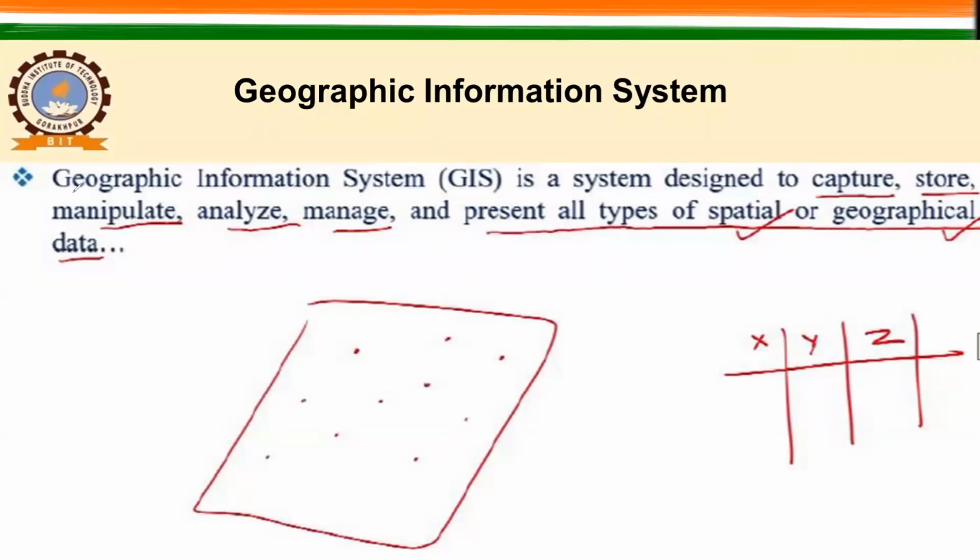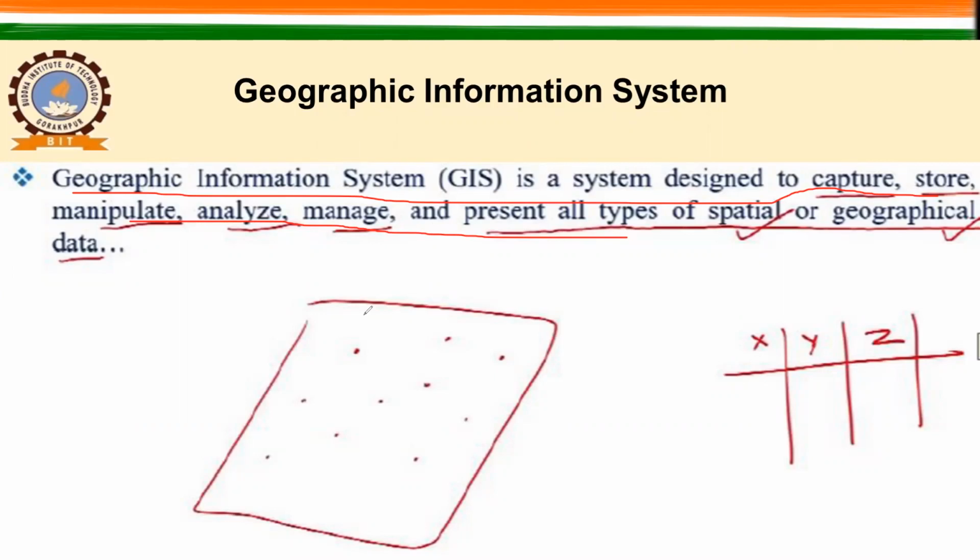GIS, a Geographic Information System, is a system designed to capture, store, manipulate, analyze, manage, and present all types of spatial or geographical data, right? It is very important to note one point here, that we are talking about geographical or spatial data.